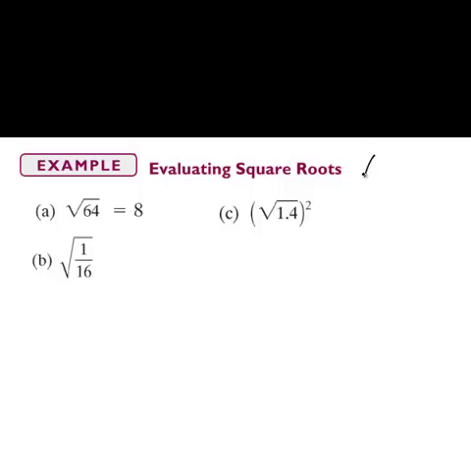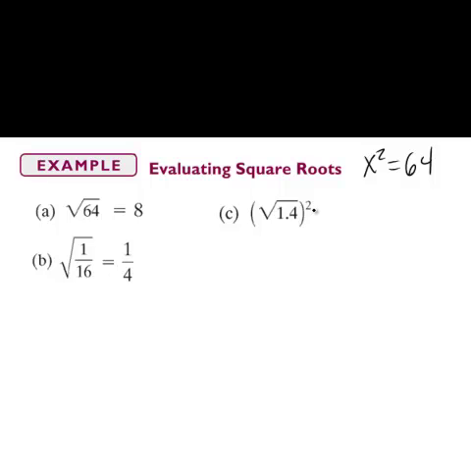But if we were to solve the equation x squared is equal to 64, then the answer would be plus or minus the square root of 64, which is plus or minus 8. All right, part B, the square root of 1/16 is going to be equal to 1/4 because 1/4 squared is 1/16 and is positive.